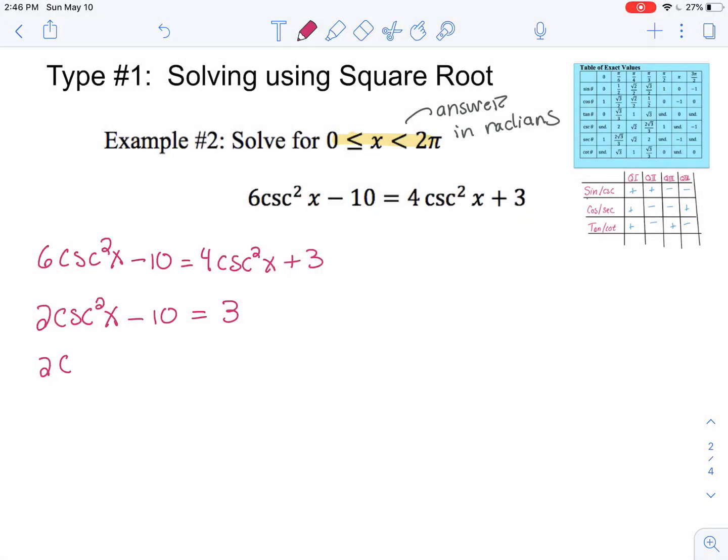So I'm going to have 2 cosecant squared x equals 13. Divide by 2. I get cosecant squared x equals 13 over 2.